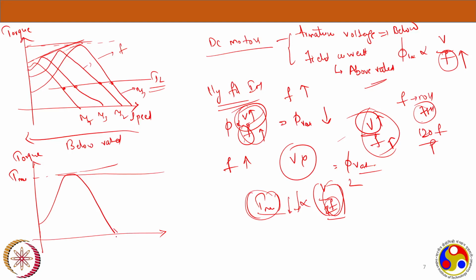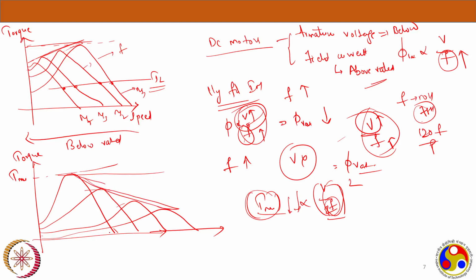Now at the next speed you will have a reduced T max. It will be even more drastic. Like this, you will have. See the decrement in the maximum torque you should observe.